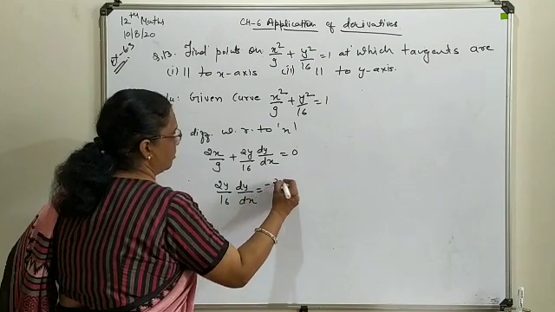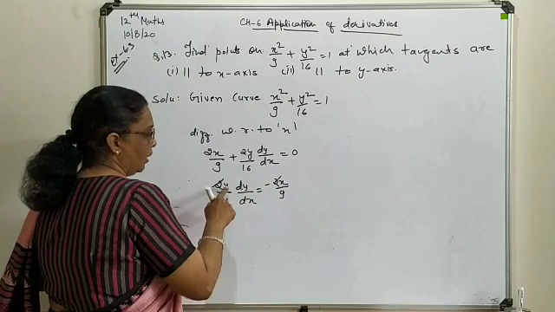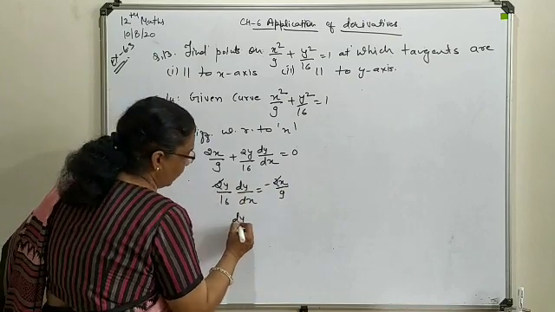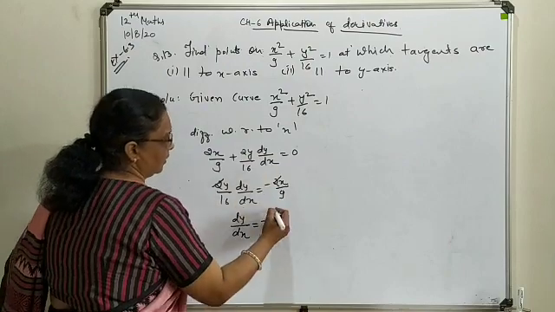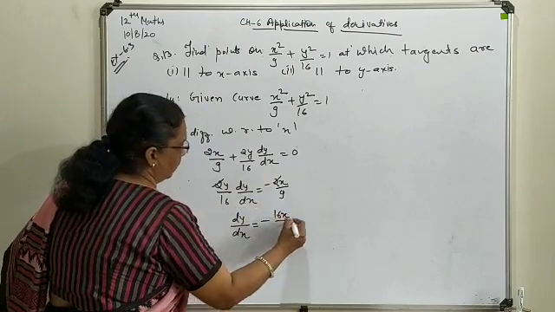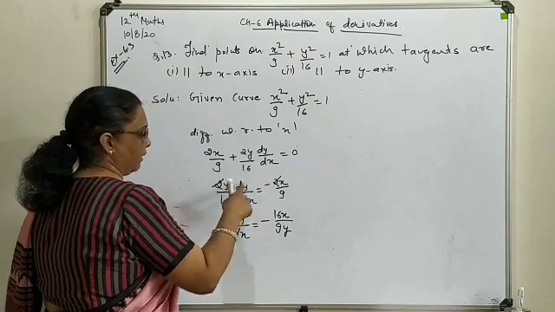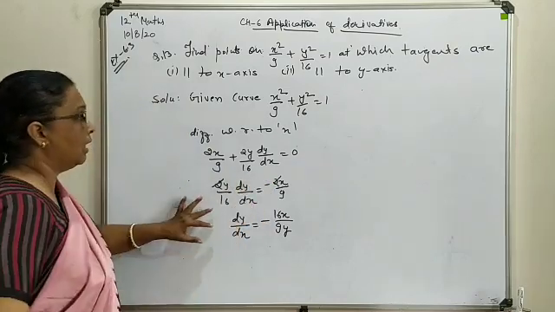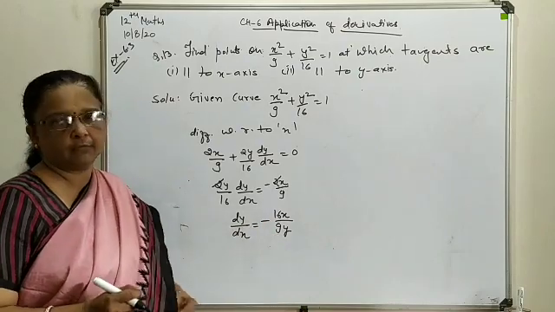Make your x term shift towards that side. Your 2 will cut. Make your dy by dx totally separate. It will be your minus 16x upon 9y. Make exchange of the term and have separation of dy by dx. So the slope of the tangent here we are having in x and y form.